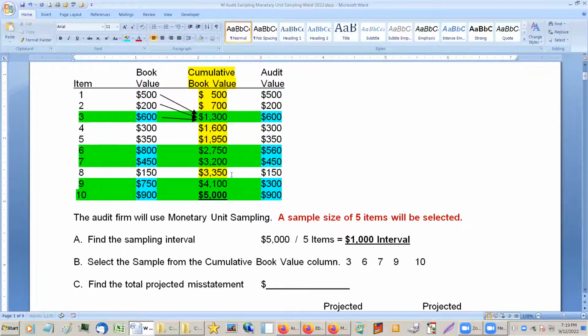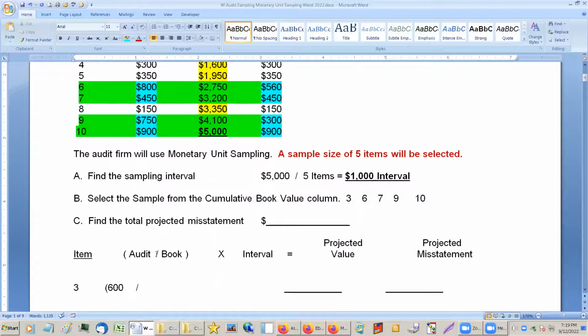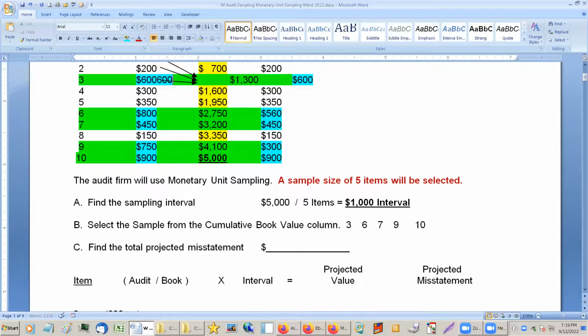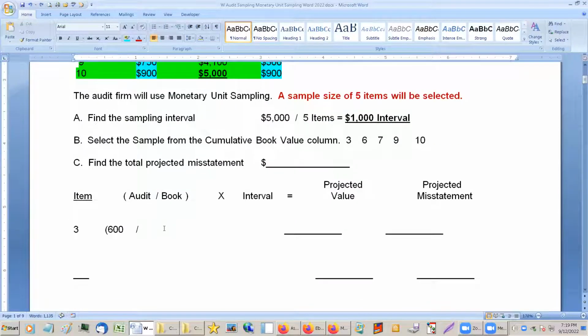Divided by the book value. So the audit value is 600, the book value is 600 also. Times the interval, which is 1,000.